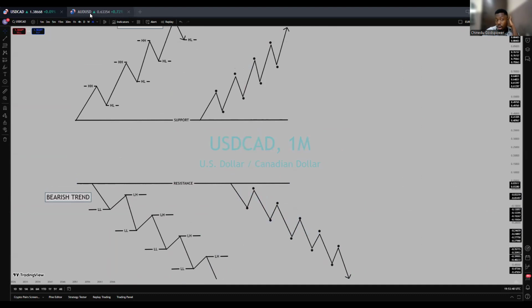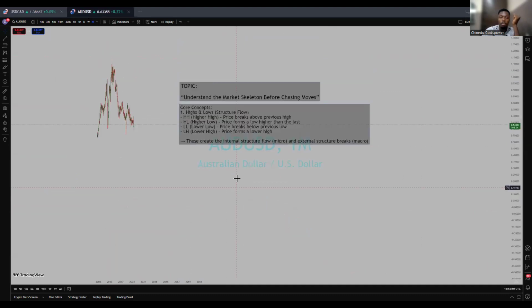Let's go back to our core concepts. Number one, higher highs and lows. That's a structure flow. Then we've spoken about higher high, price breaking above previous high. Higher low, price forms a low higher than the last one. The lower low, price breaks below previous low.